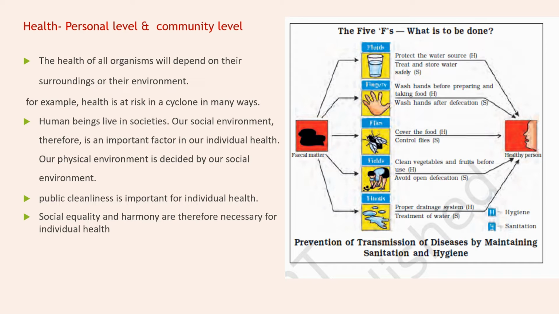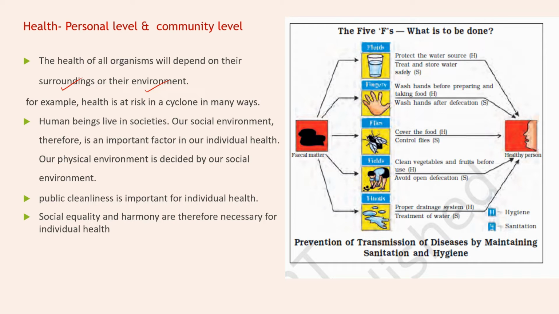Why is it important to check surroundings and environment? Personally, maybe you are fit, but in your surroundings there are so many mosquitoes, or mosquitoes are breeding because of a puddle. So there is a risk that you might get malaria or dengue and so on.